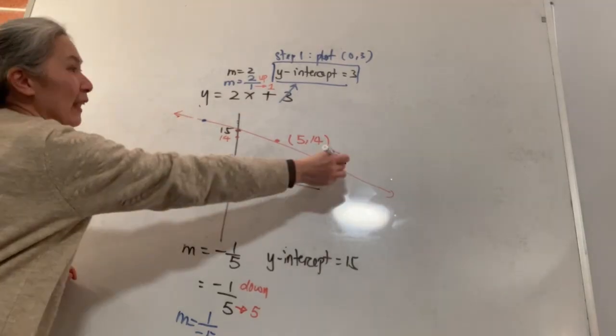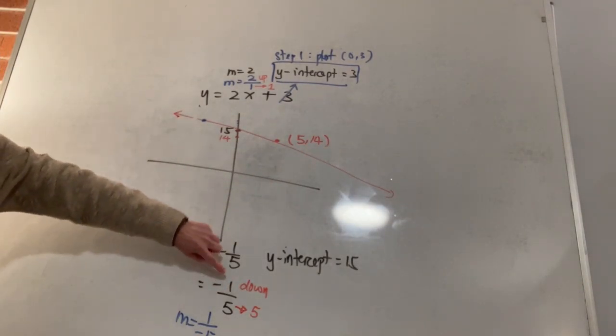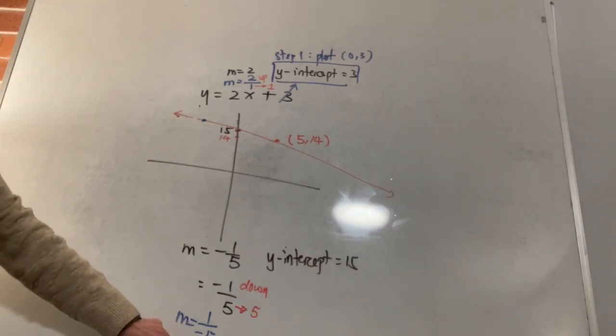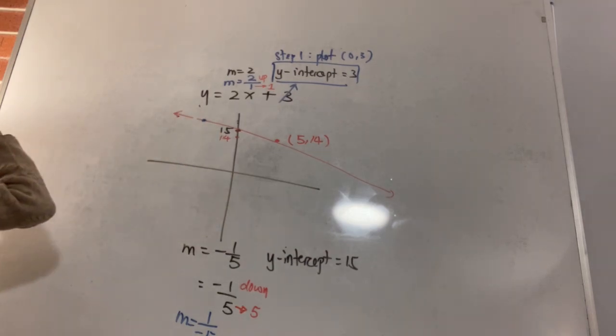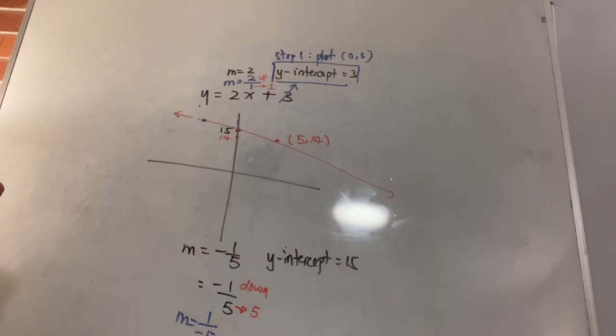It's still the same line. So it doesn't matter. If I put the negative on the top, that means go down. If I put the negative on the bottom, that means I go to the left. Positive makes it go to the right. Are we good? Yes.